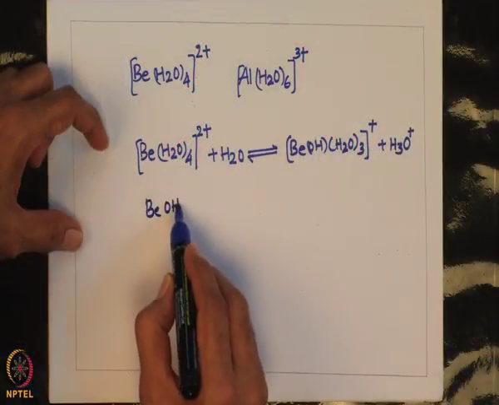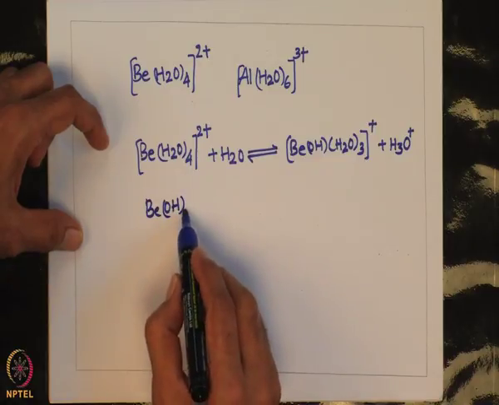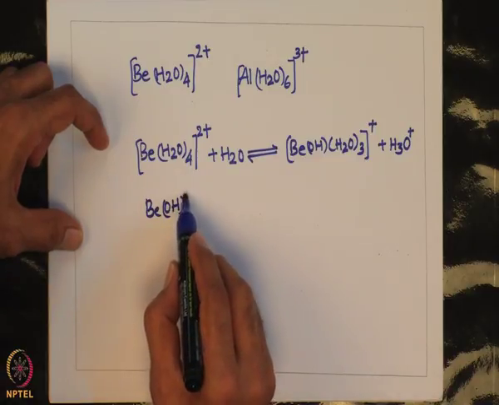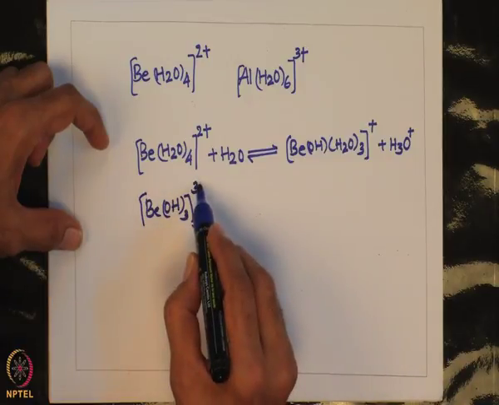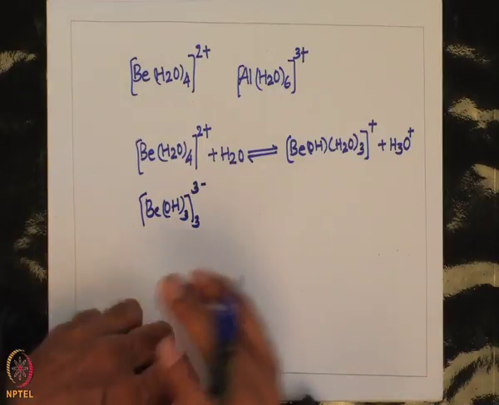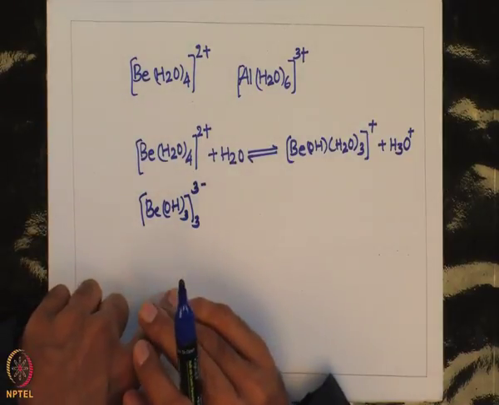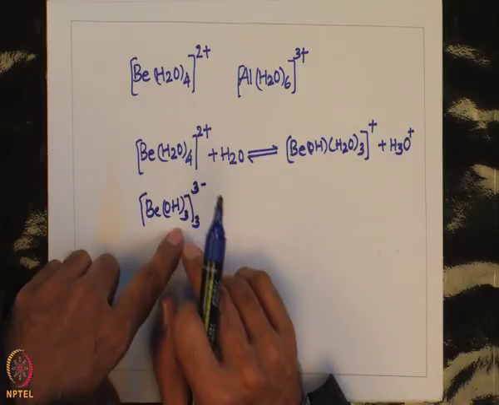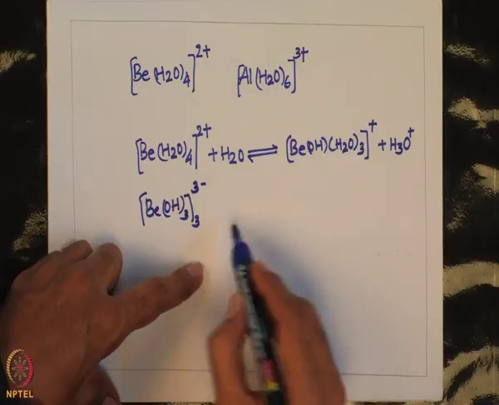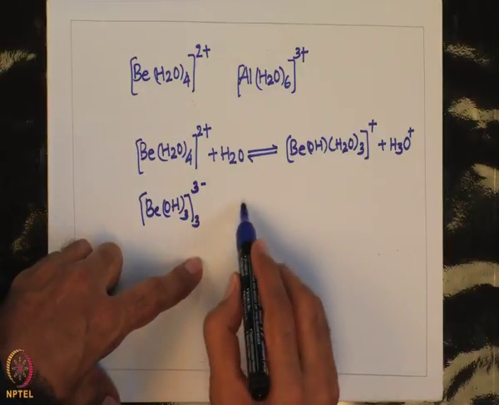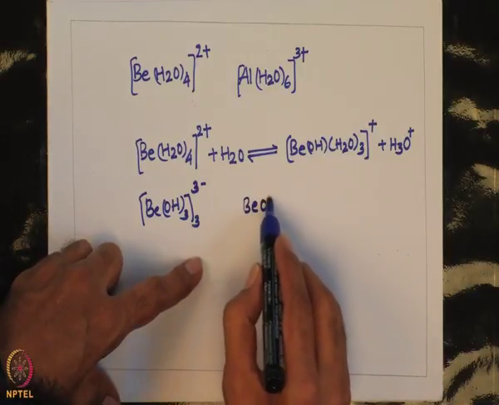On increasing the pH, hydroxide bridged ions such as Be3(OH)3 3 plus will form, and eventually that leads to the formation of Be(OH)2.